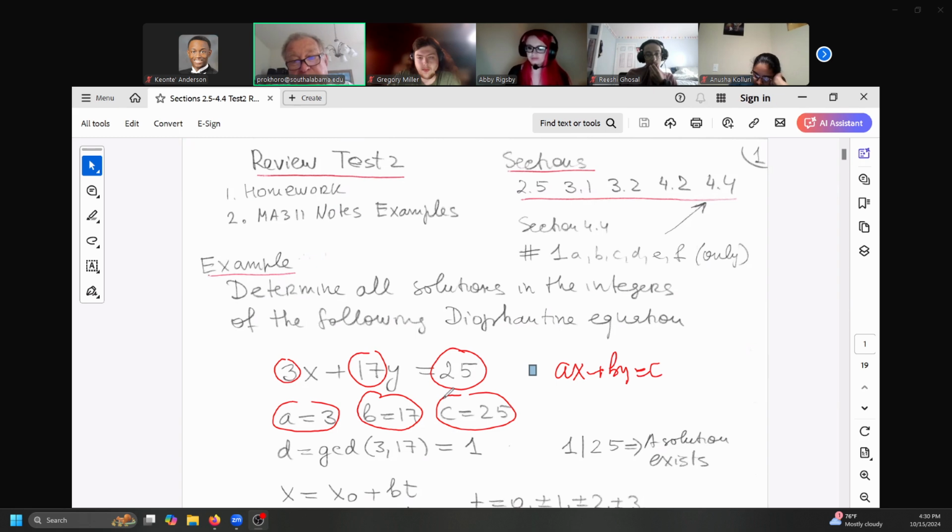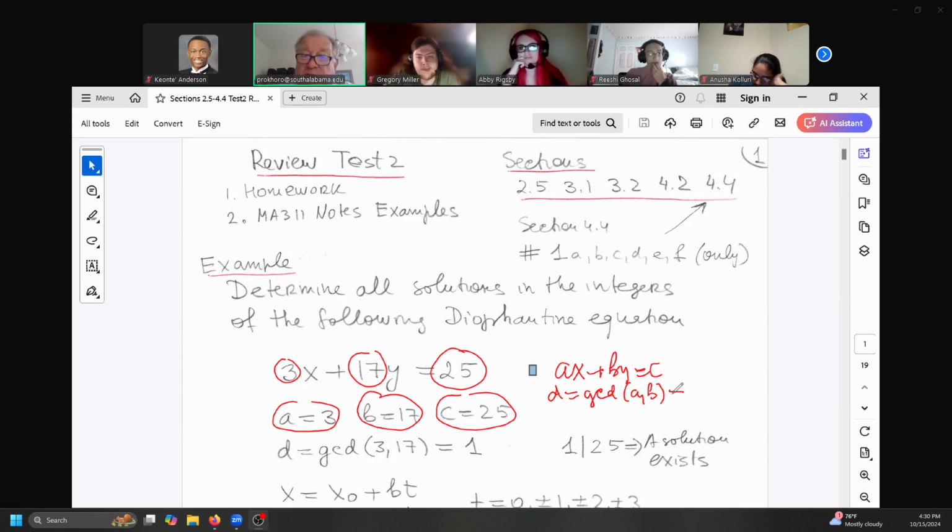So the first step is to find d, the greatest common divisor of a and b. If d is the greatest common divisor of a and b, the left-hand side ax plus by is divisible by d. But the left-hand side equals the right-hand side.